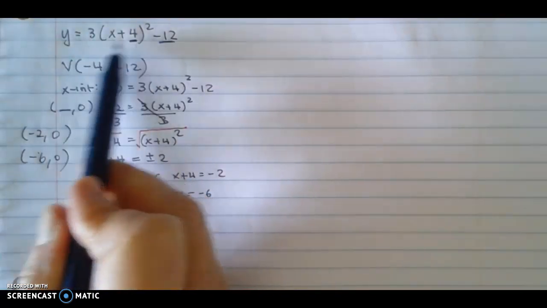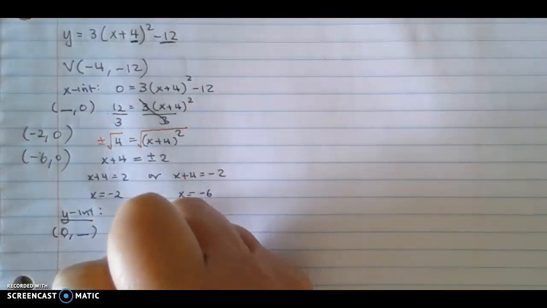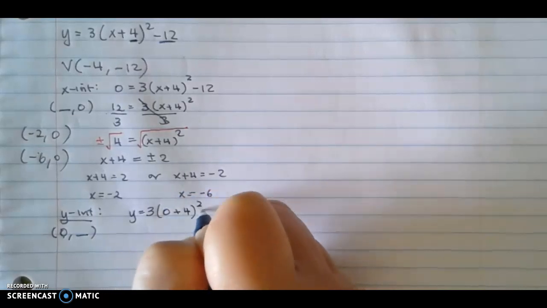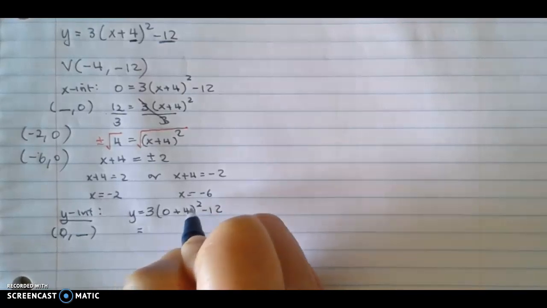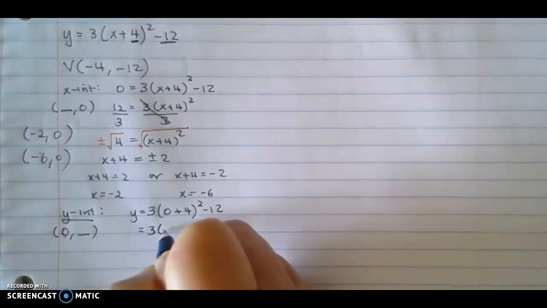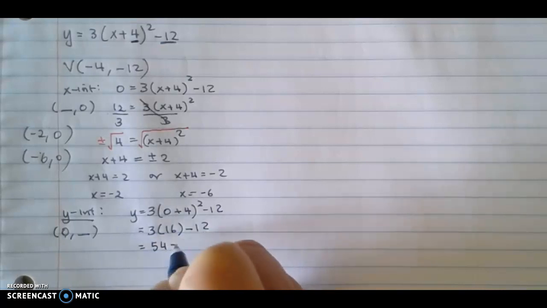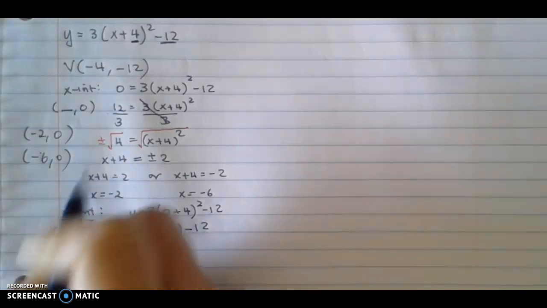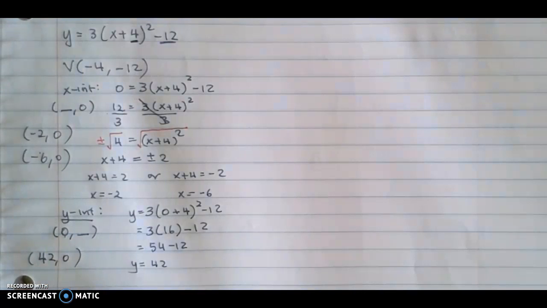So in the original equation, I am going to substitute x to be 0. y = 3(0 + 4)² - 12. 0 + 4 is 4, squared is 16, times 3 is 48. Then 48 minus 12 is 36. So my y-intercept is (0, 42).